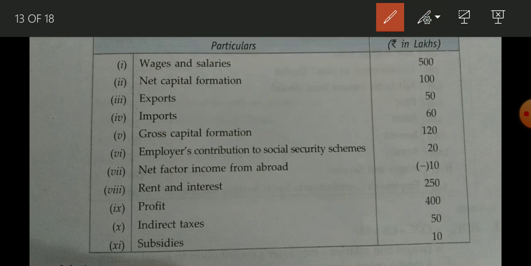Now how do we calculate NDP/FC? By adding COE plus OS plus MI. Again here the value of COE is not given directly, operating surplus value is also not given directly, and we don't find the value of mixed income.